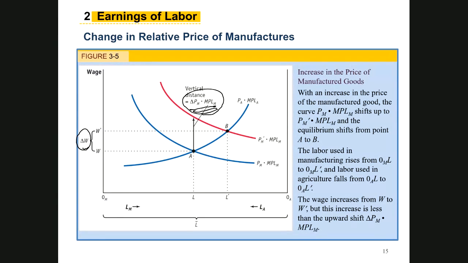So let's go back to the beginning and take a look at this graph step by step. With an increase in the price of manufactured goods, the curve PM times MPLM shifts up to this. So it shifts from this curve to this curve. The equilibrium wage shifts from point A to B.